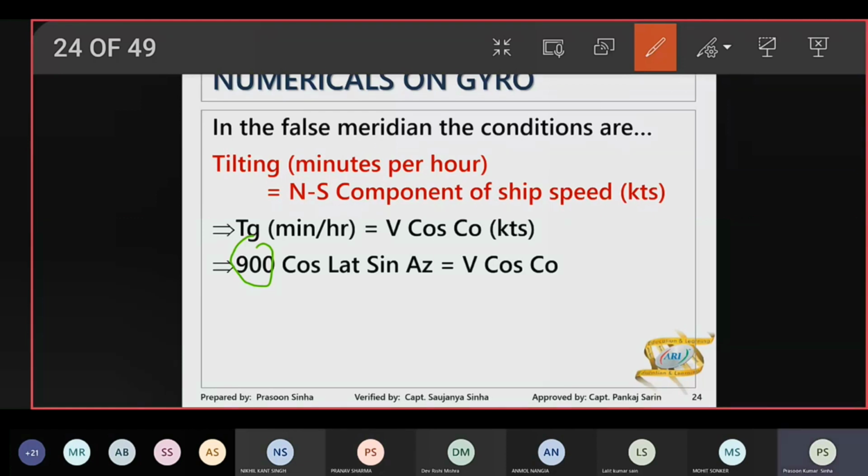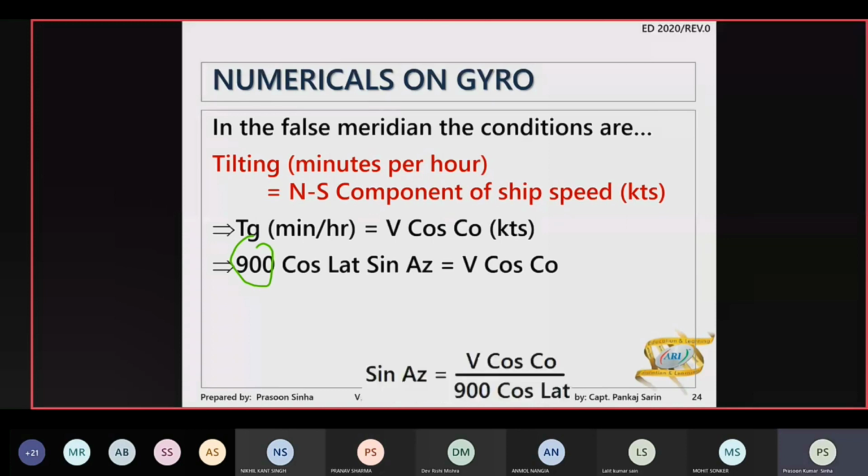So equating these two together, we go further and we have sin azimuth equal to V cos course by 900 cos lat. You can also note this down.